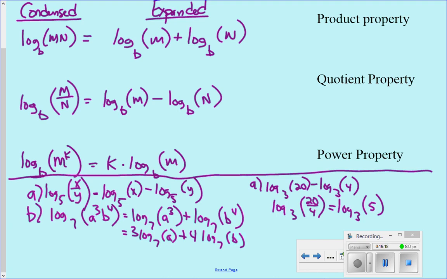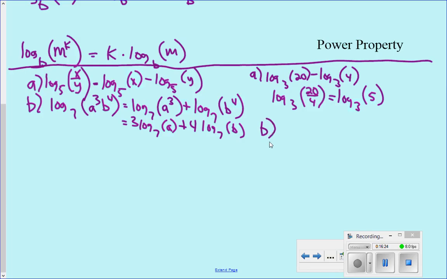We also did B. So I'll do that as well. So we have 3 times the log base 2 of x plus log base 2 of y.